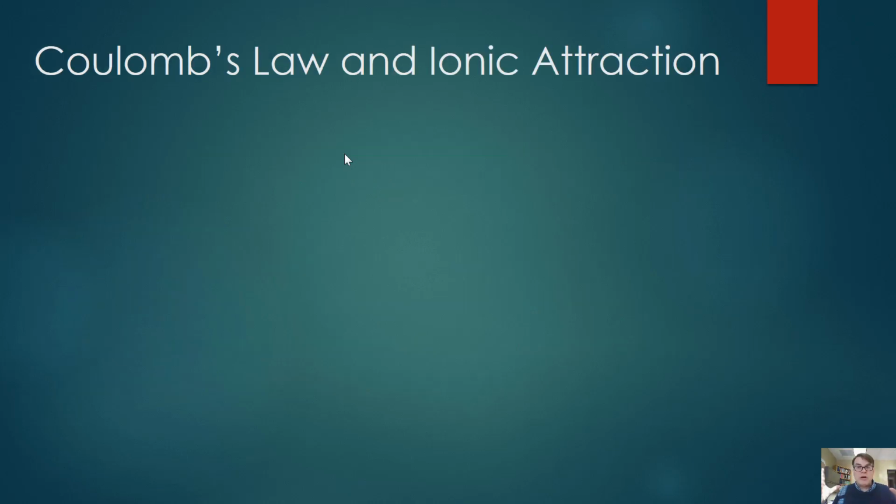Okay, well, finally, how do we talk about how much energy, if we're not going to calculate it, but have a qualitative way to say this is going to take more energy than this? How would we figure that out? Well, this is called Coulomb's Law. Coulomb's Law says that the amount of attraction that two particles of some kind have is proportional to the amount of the charges, and it's inversely proportional to the distance.